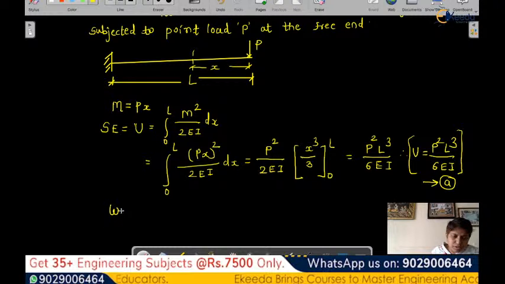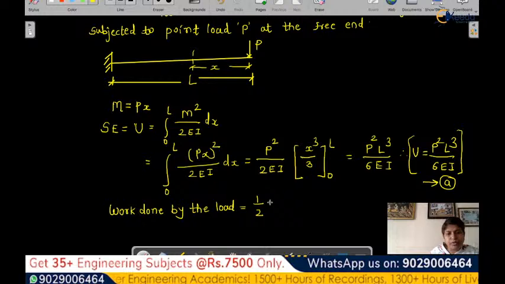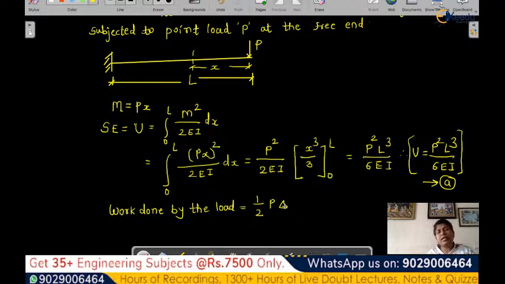The work done by the load is given as half into P into delta, where delta is the deflection, and our problem is asking us to calculate the deflection of the beam using the strain energy method.